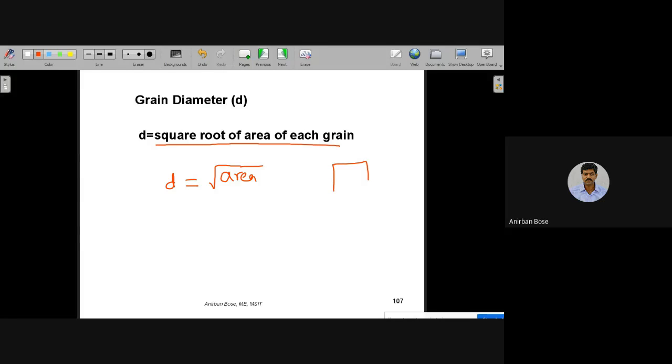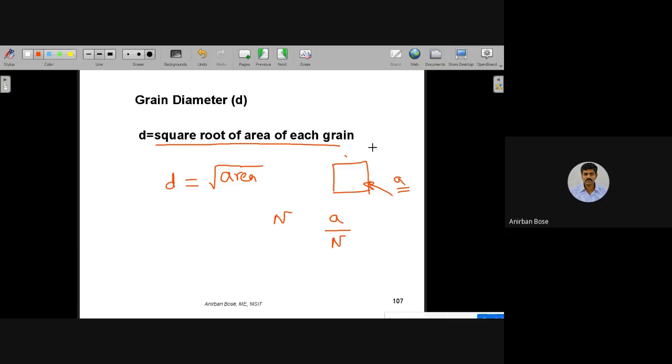You have the number of grains, measured within a particular area, some length and breadth you have taken. Suppose the area on which you are measuring is A. If you divide this area by the number of grains, that is basically the area of each grain.